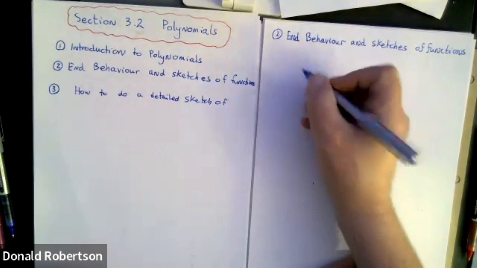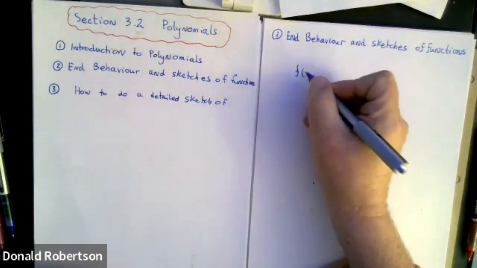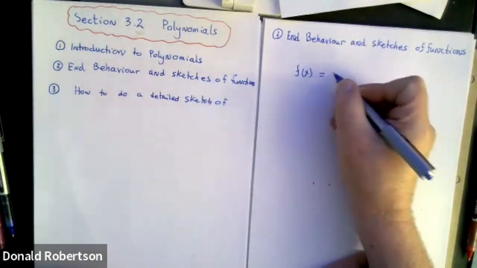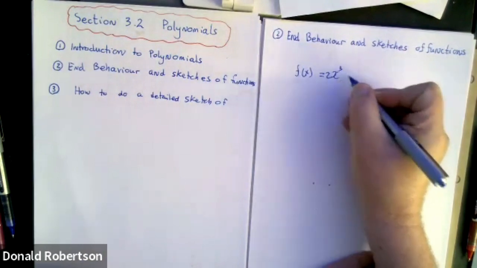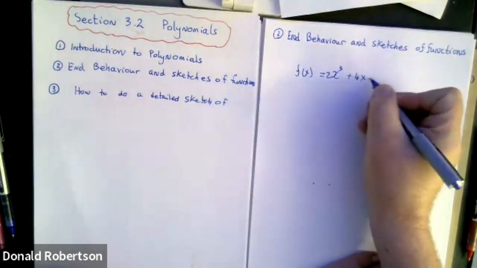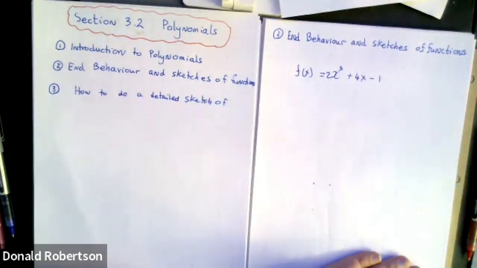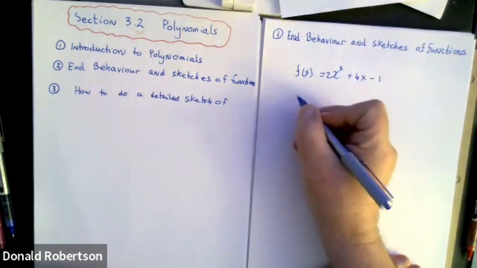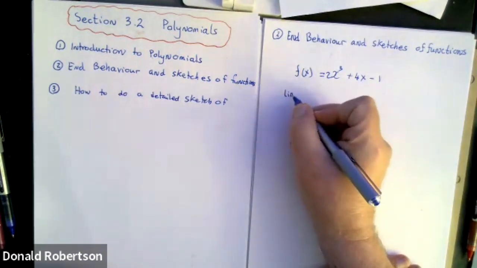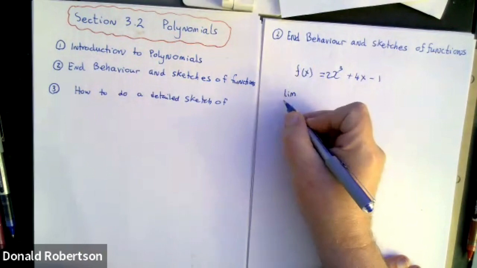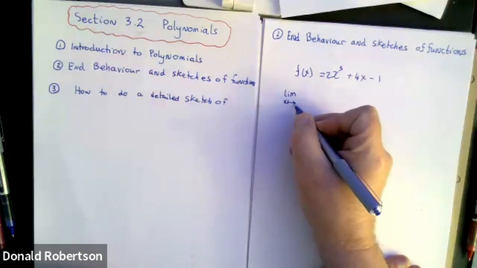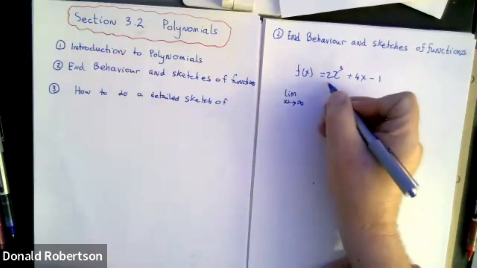So what is end behaviour? Well, let's take a polynomial to explain it to you. Essentially, the end behaviour, and we describe it like this, is the limit as x tends to infinity of this function.